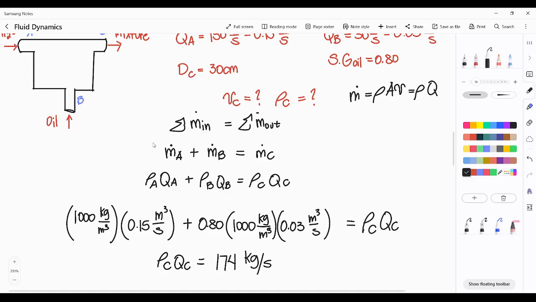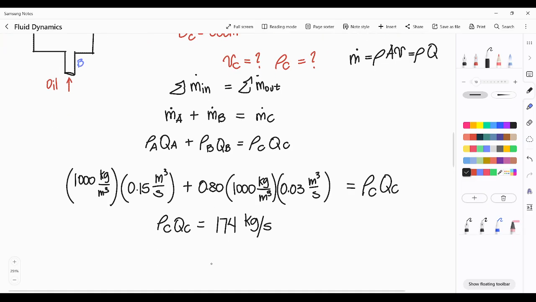Ayun. So, but we know that Q is equal to AV. Rho C is equal to, di ba ang Q ay A times velocity. So, ang area natin is bilog naman kasi it's a pipe. So we have pi over 4.